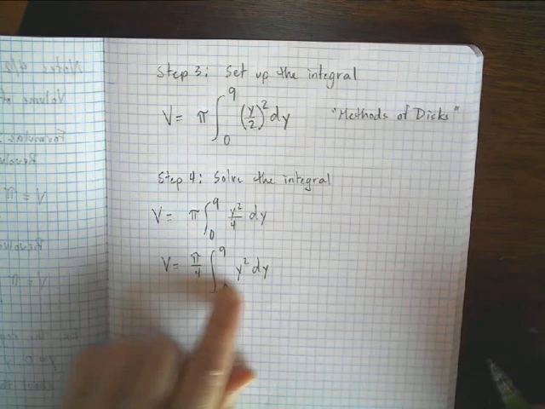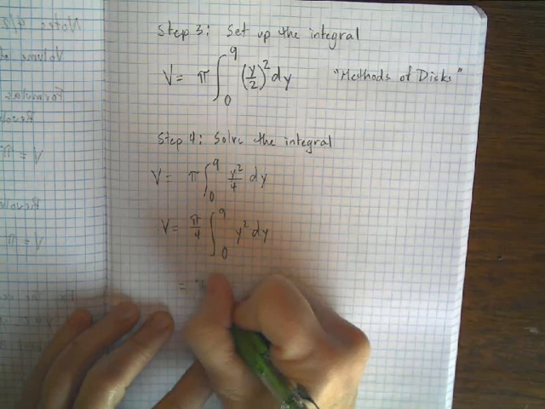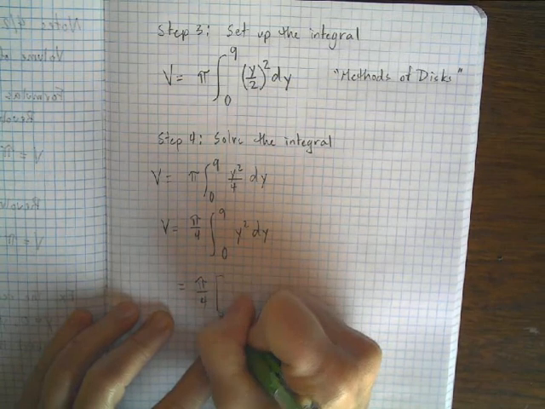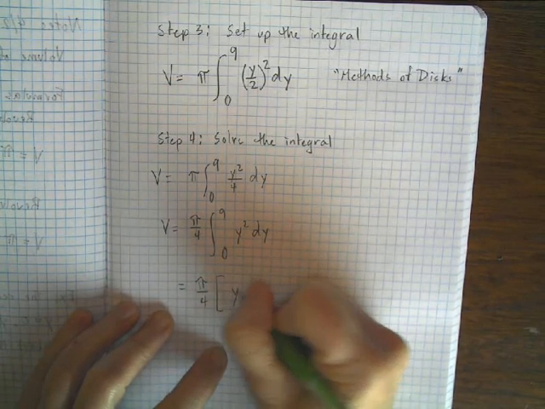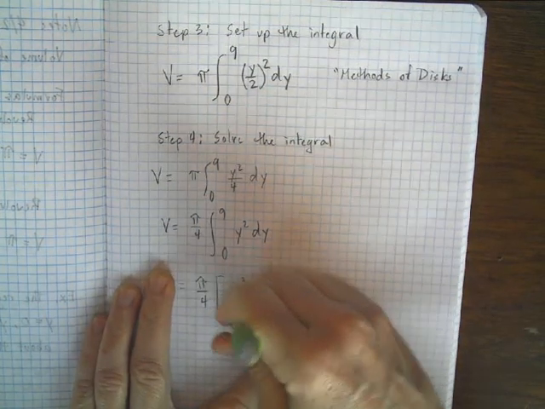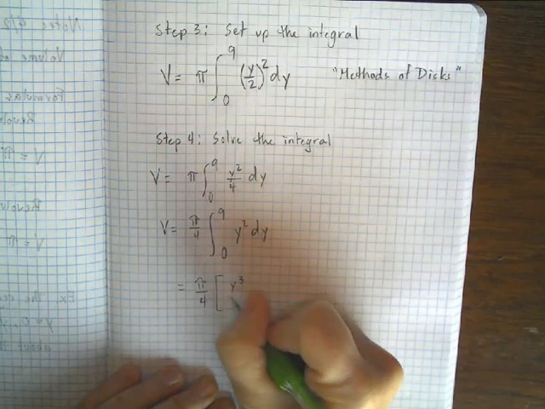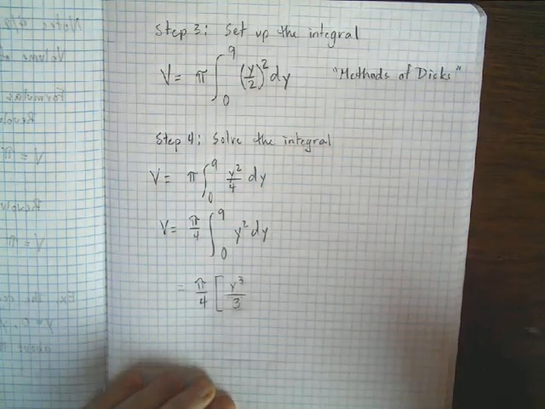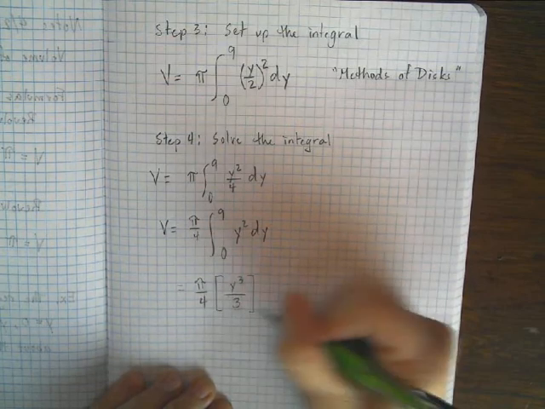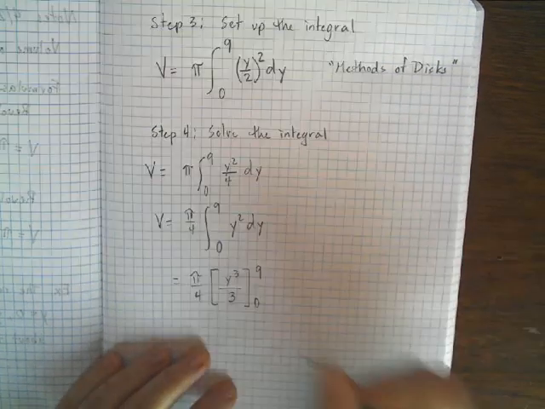Now if I integrate y squared, I can still have my pi over 4, and that's going to give me y cubed over 3, just our typical integration, and that's going to get evaluated from 0 to 9. Now I'm going to do my evaluation.